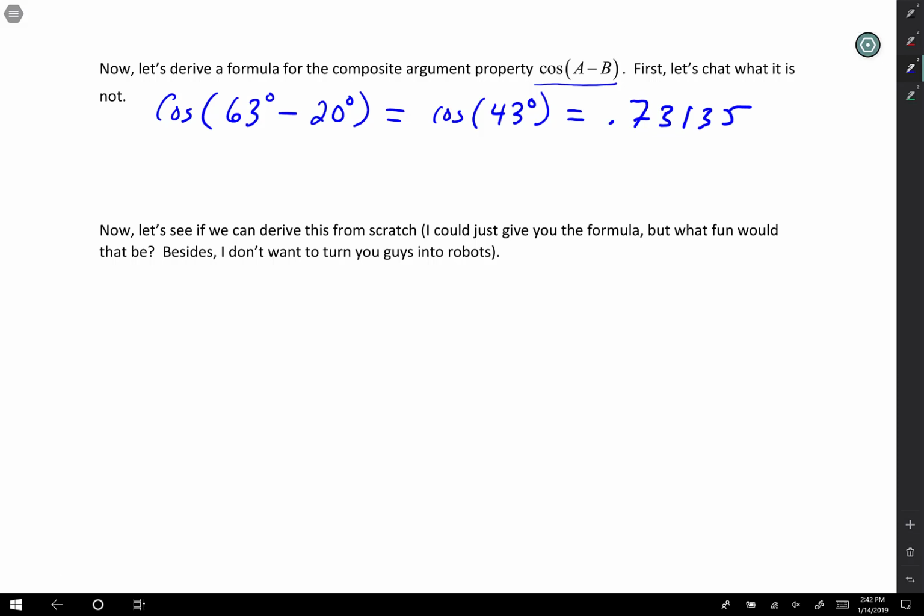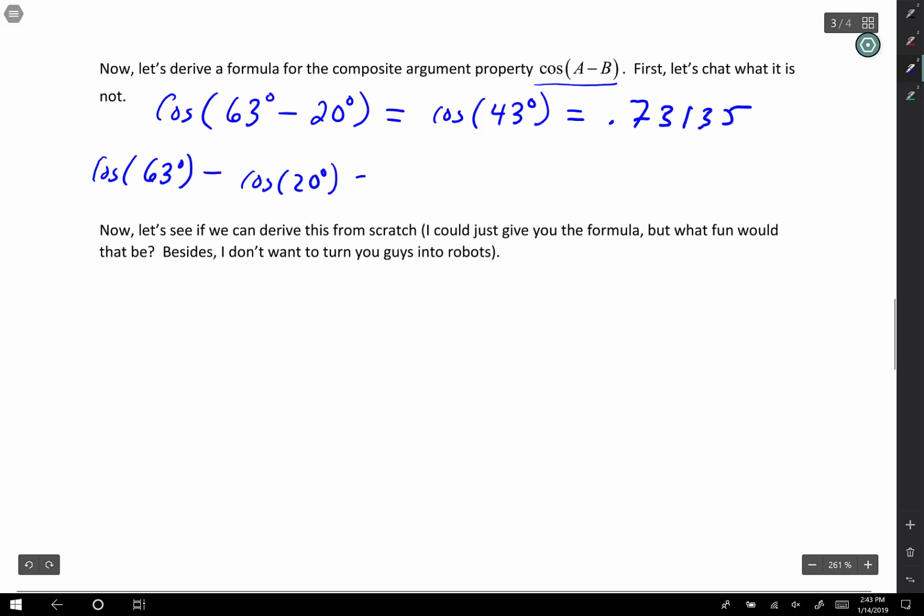All right, here's the most common mistake. You guys love to write this. Let's see if this is true. Cosine 63 minus cosine 20.